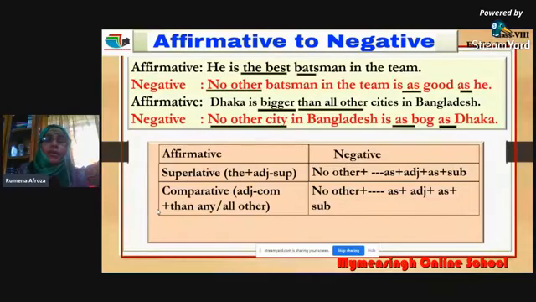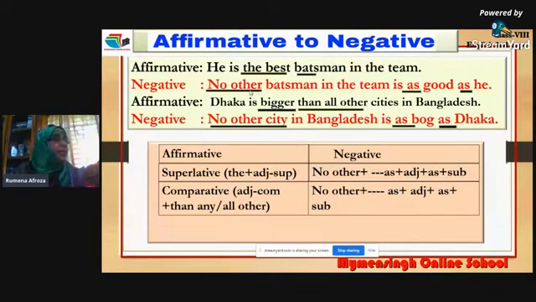Okay, what can you see here? In the first affirmative sentence, he's the best batsman in the team, it is the superlative degree. How can we identify that the adjective is in superlative form?